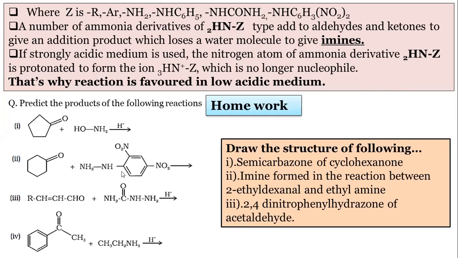One homework is given based on these ammonia derivative reactions. Solve it at your home. These are very simple. We only have to form this bond. This oxygen will be removed, and we'll get the C double bond N bond. These two hydrogens and one oxygen will be removed, and we get the imine intermediate product.